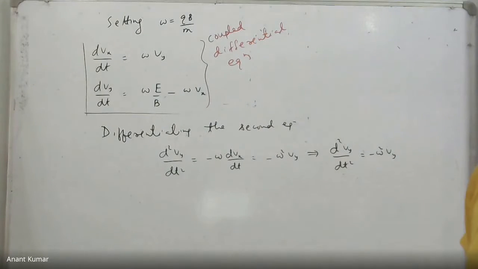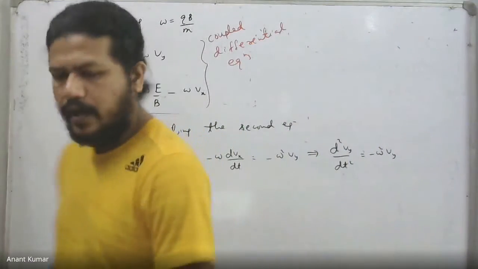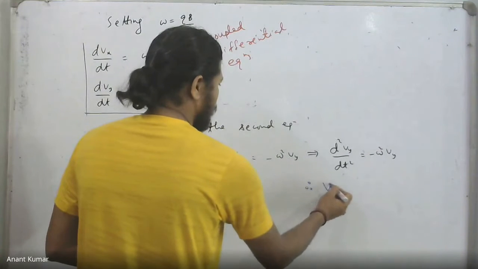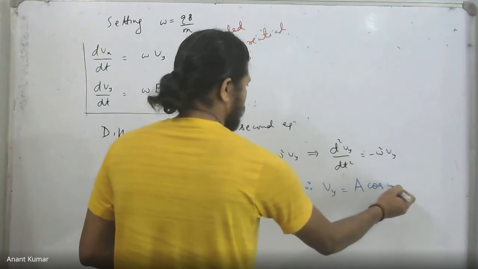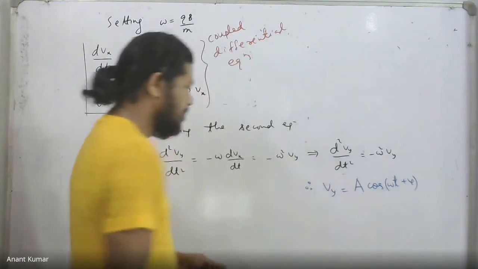We know the question you have read. I hope this was given in the WhatsApp group. Once you have got this, I can write down directly. Therefore, Vy is something like A into cos omega t plus phi. We shall evaluate those numbers in a moment.